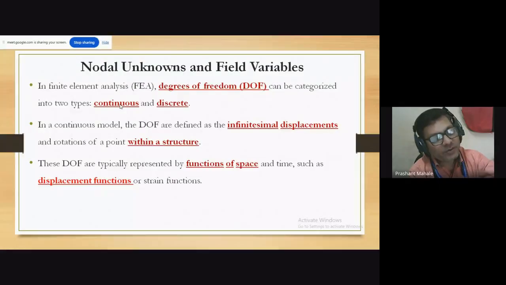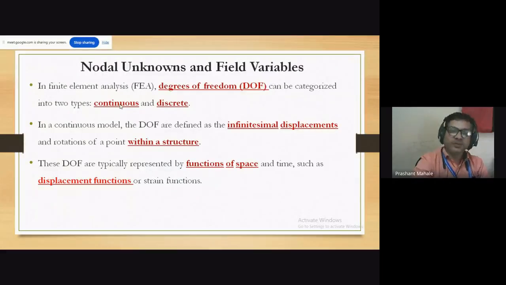That means in the discrete case, we have the unit which is measurable. Unit means a small unit that you discretize, like an element. Measurable, and therefore it is possible for us to come out with some solution to those measurable elements or measurable units. So mostly we go for this discrete type of degree of freedom.